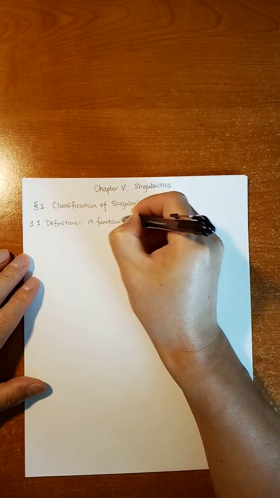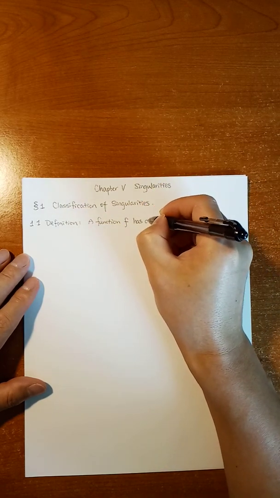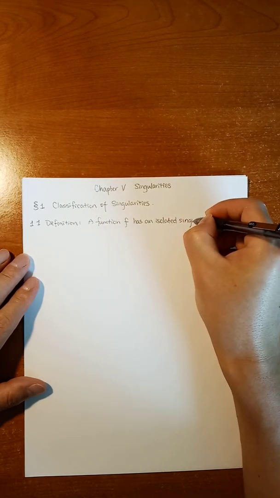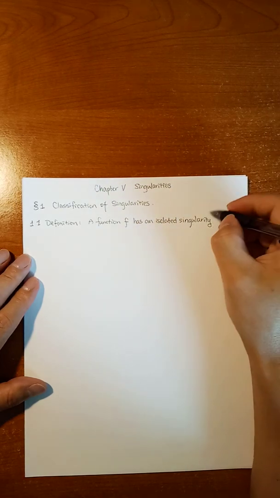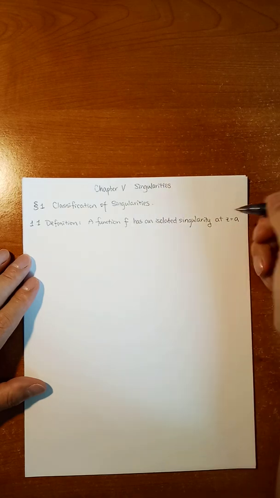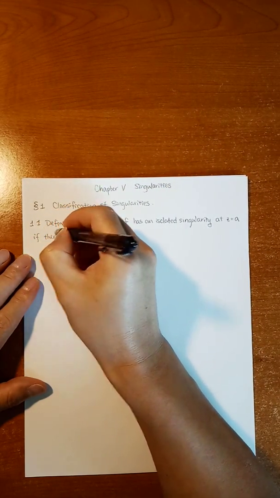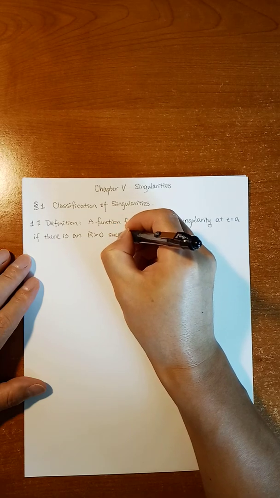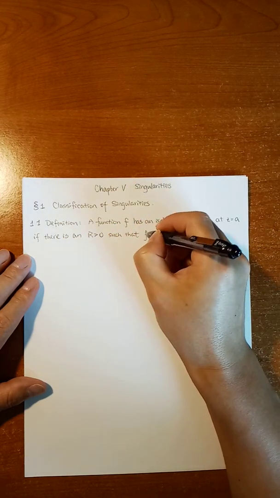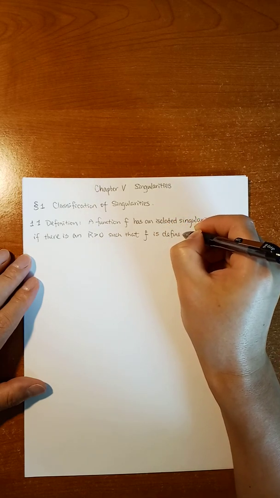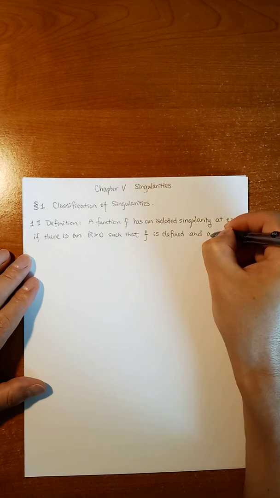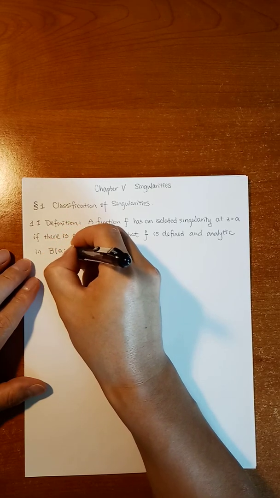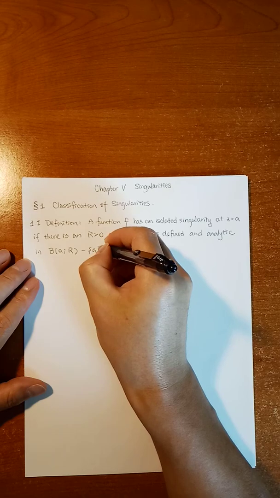A function f has an isolated singularity at z equal to a if there is R greater than 0 such that f is defined and analytic in the ball centered at a with radius R, but we remove the center a.